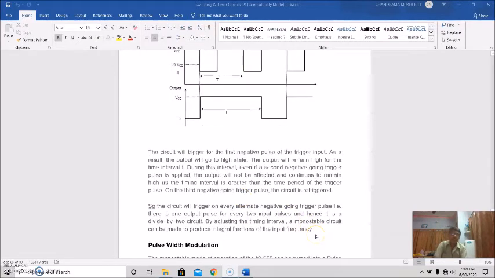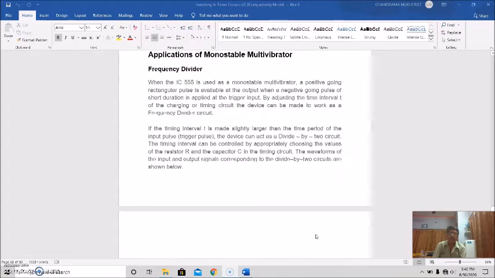Hence it is a divide by 2 circuit by adjusting the timing interval. So the monostable circuit can be made to produce integral fractions of the input frequency. In this way, a monostable multivibrator circuit using the 555 timer can be used as a frequency divider circuit.